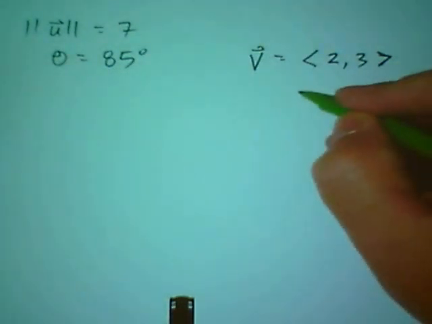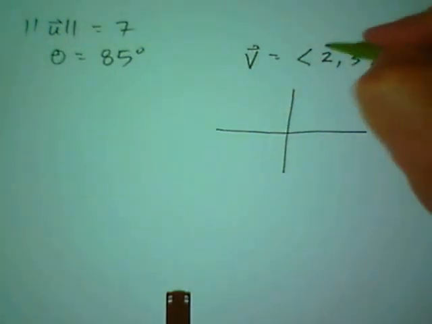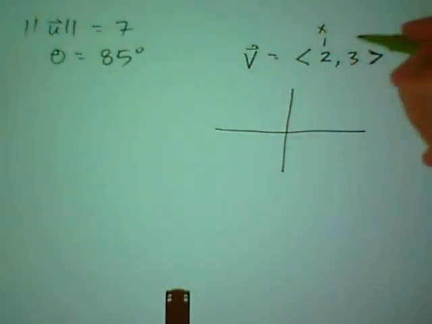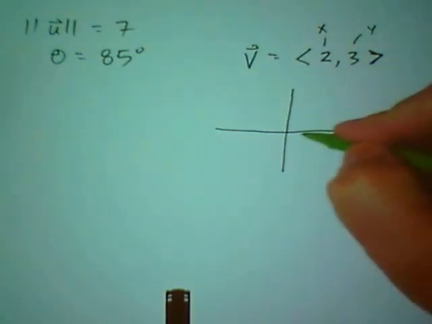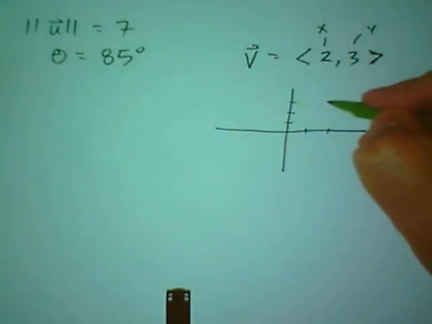We normally like to graph vectors. In this form, the 2 represents the x direction and the 3 represents the y direction. I go to my graph and plot the point (2, 3), and that becomes my vector.